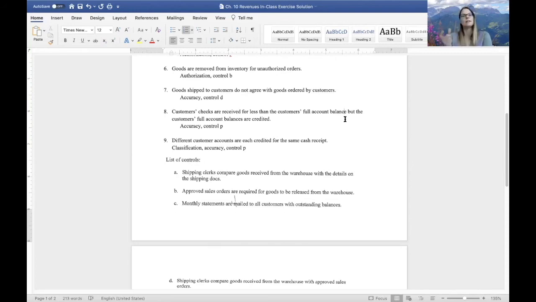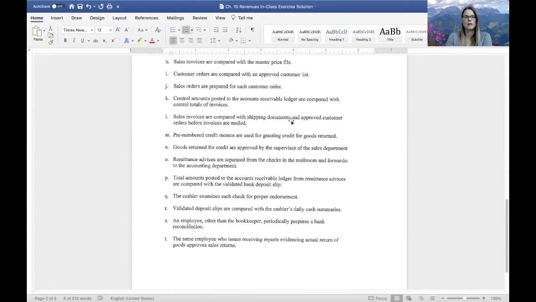So this type of stuff is key because this is probably what's going to show up in the control language. So that's why I'm kind of rephrasing it. So I'm probably going to see something about matching up amounts credited in the AR subledger to check totals or totals on the deposit slip that day, right? Something along that line. Control P.